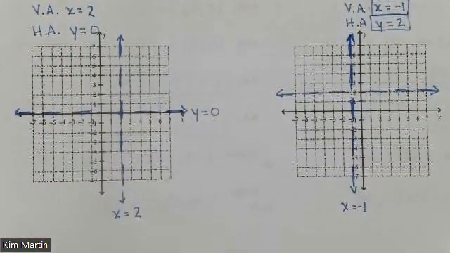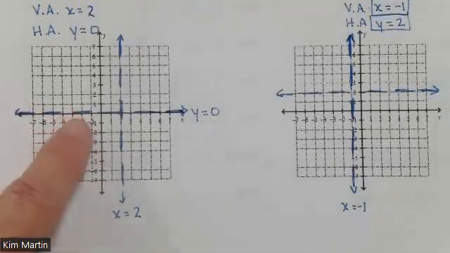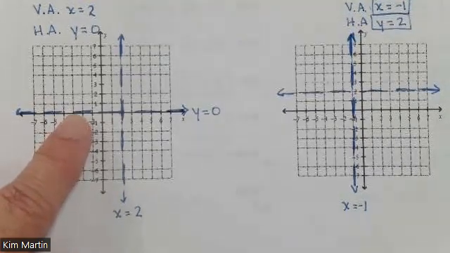Now, yes, you can graph it on your calculator, but I don't really need to, because here's how I would do it. I'd first say, okay, where is it going to cross, where's my y-intercept? I would say x-intercept, but because we have an asymptote there, it's not going to cross there.